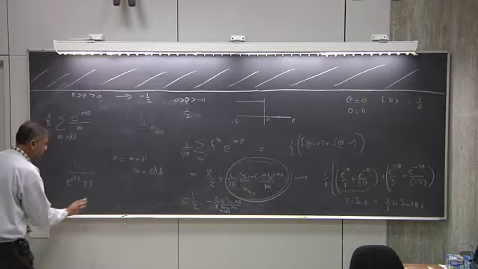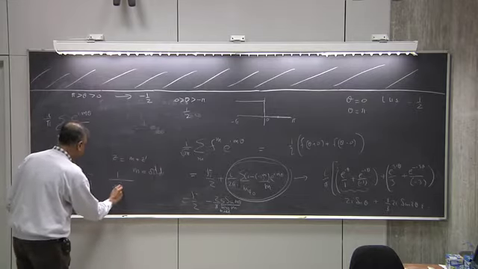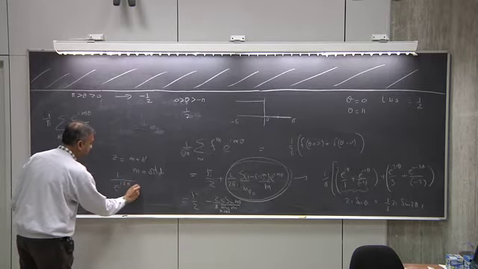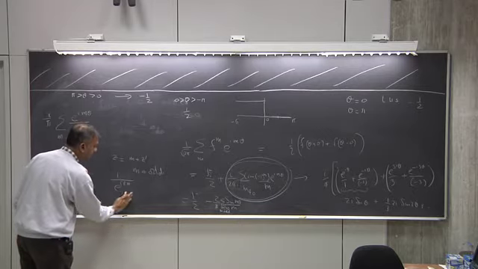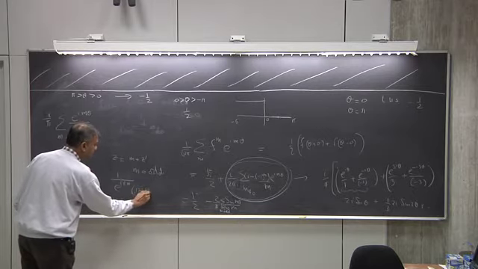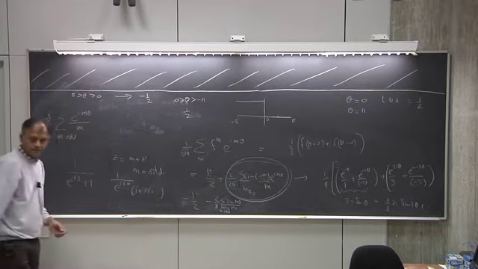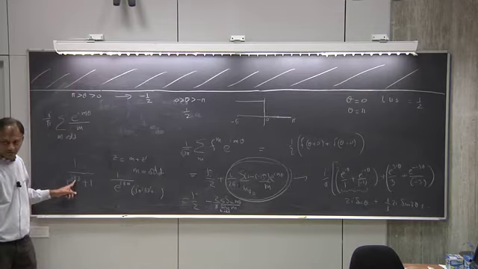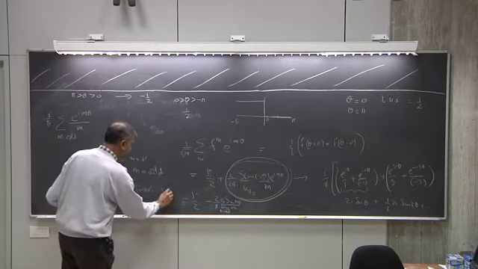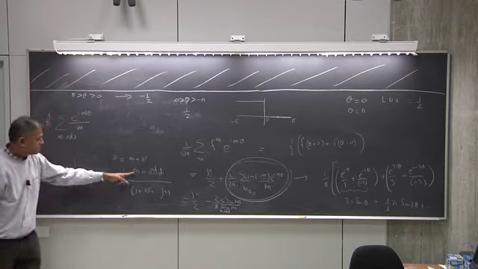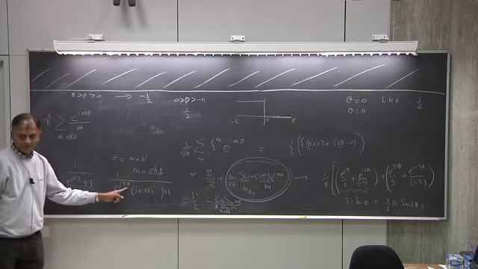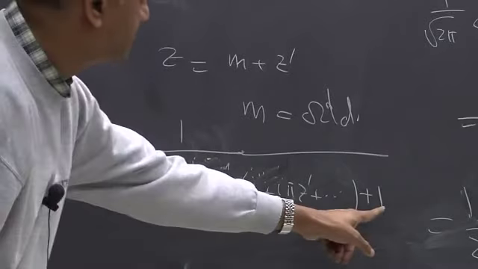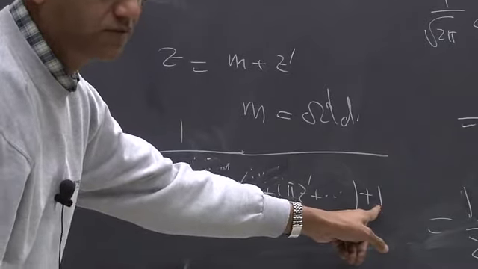In that case, this expression becomes 1 over e to the i pi m times e to the i pi z prime. But z prime is small, so I can expand, the expansion of the exponential: 1 plus i pi z prime and so on, right? And then I have a plus 1 here. But if m is odd, this is minus 1, so minus 1 cancels with the plus 1 as expected, because we should have a pole.